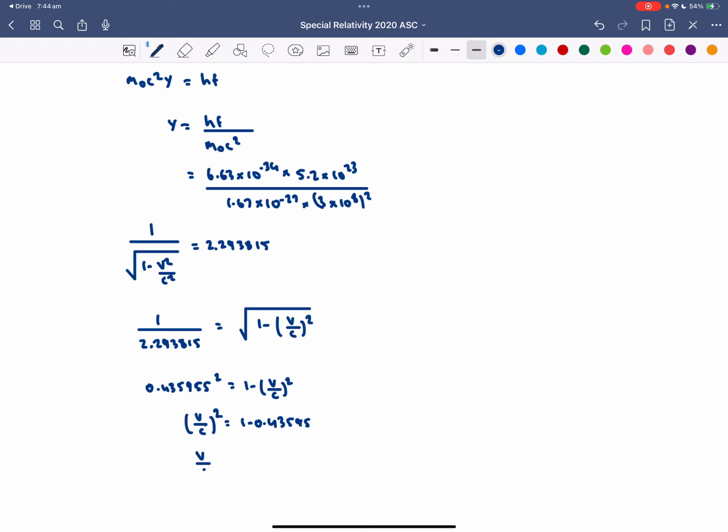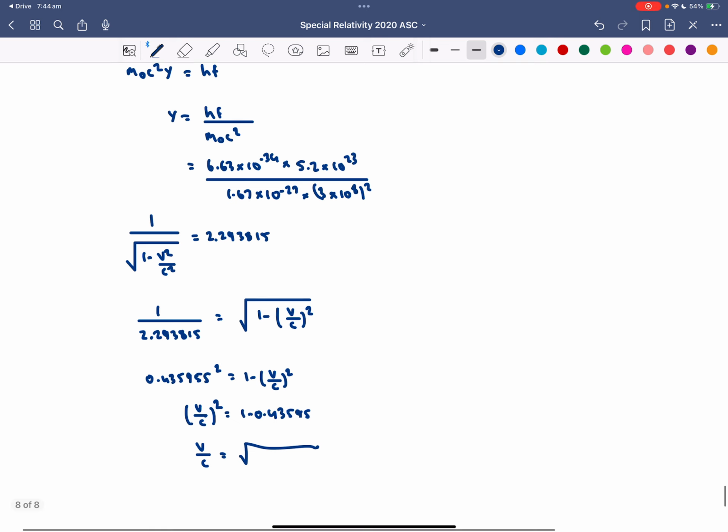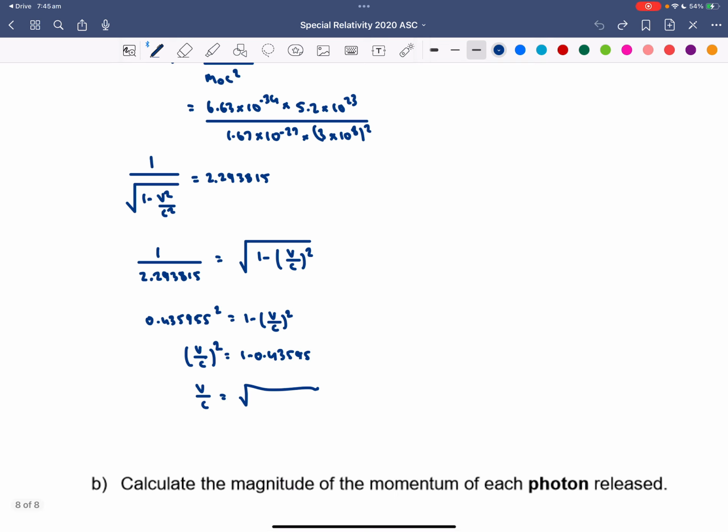So v on c is equal to the square root of 1 take 0.435955, and I can bring the c to the other side at the same time. So v is the square root of that, times c.